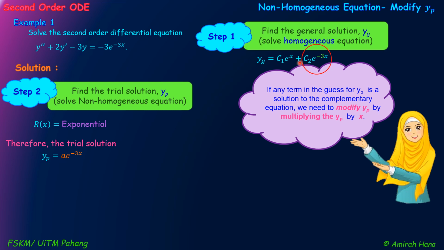Okay. We have a term containing c2e to the power of negative 3x. Alright. One of the terms in yg is similar to a term in yp, because this is constant a and c2 also constant. And then we have e to the power of negative 3x, right?